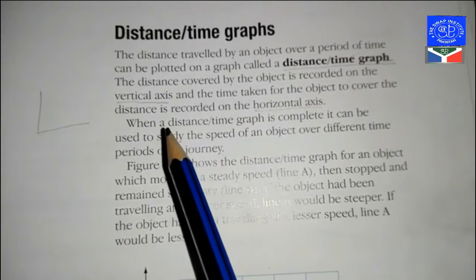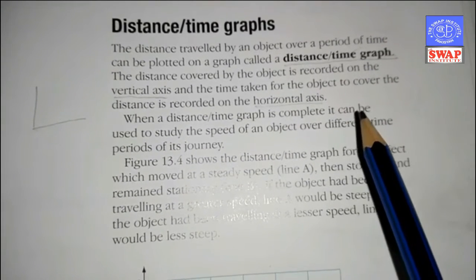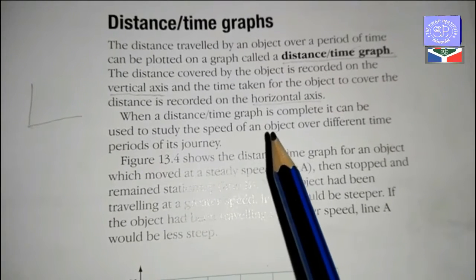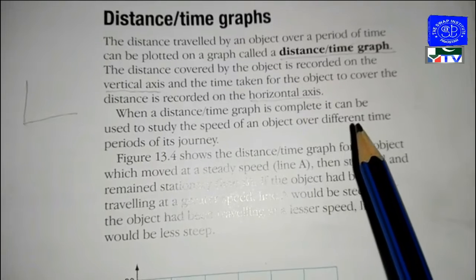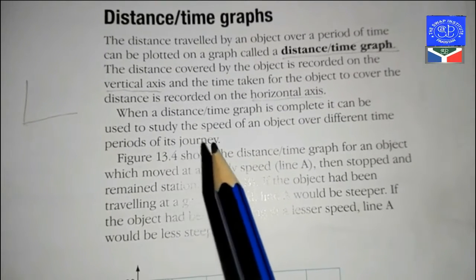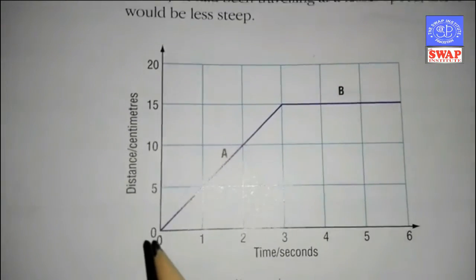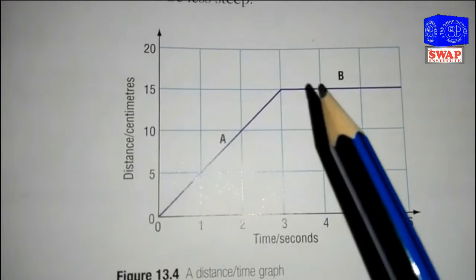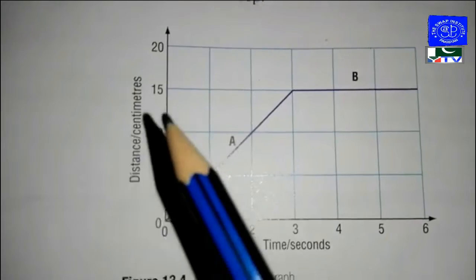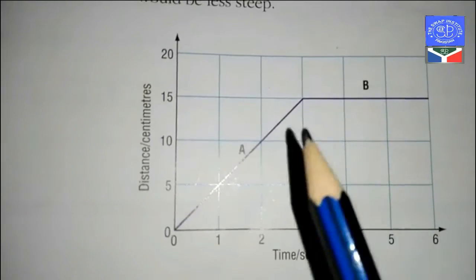When a distance time graph is complete, it can be used to study the speed of an object over different time periods of its journey. In this figure, we can see two line segments, A and B, which show the whole history of the movement of the body.